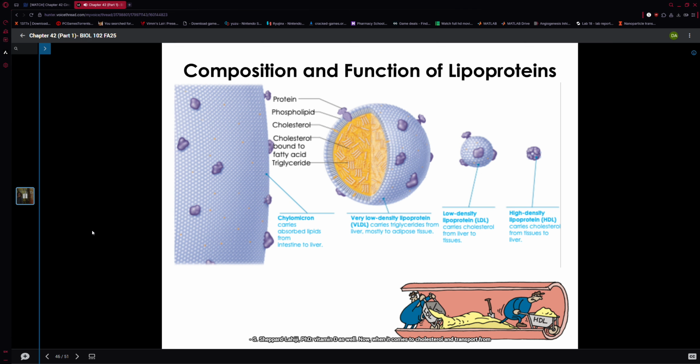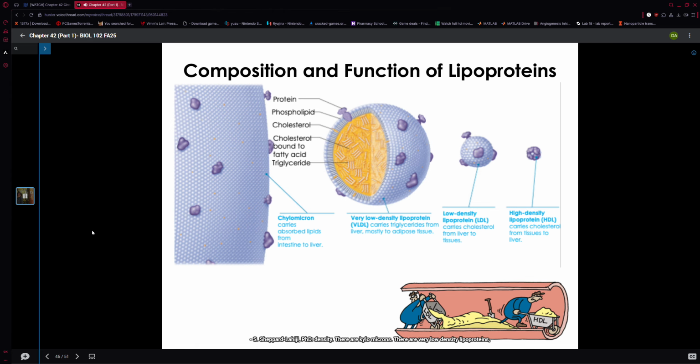Now, when it comes to cholesterol and transport from different locations, cholesterol is nonpolar and is going to depend on lipoproteins as a means to move from place to place. So when it comes to lipoproteins, they get classified into different categories based on their density.